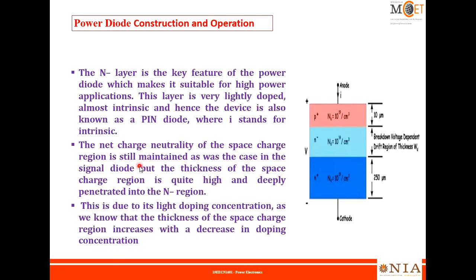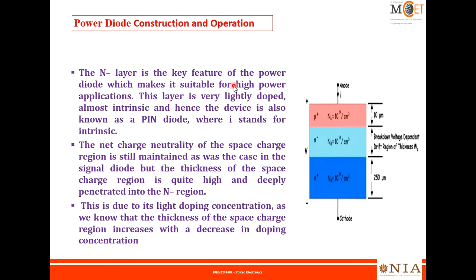The function of the N minus layer is to absorb the depletion layer of the reverse biased P plus and N minus junction. The breakdown voltage needed in a power diode governs the thickness of the N minus layer. The greater the breakdown voltage, the greater the N minus layer thickness.